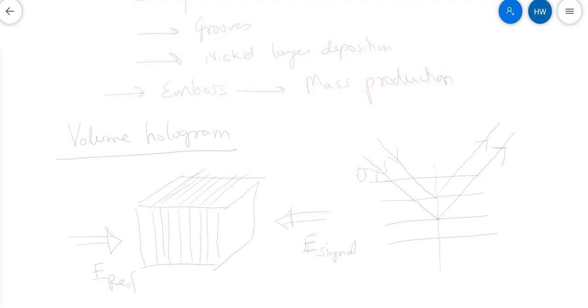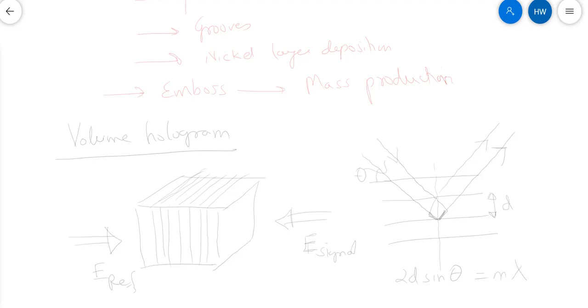So you see that, if the spacing between the two high refractive index layers is d, then I get a scattered maximum if my path length, 2d sine theta, becomes an integer multiple of lambda, right? So you recall this Bragg's law.